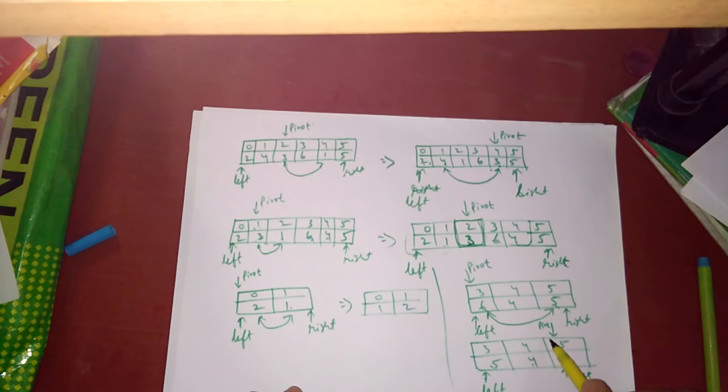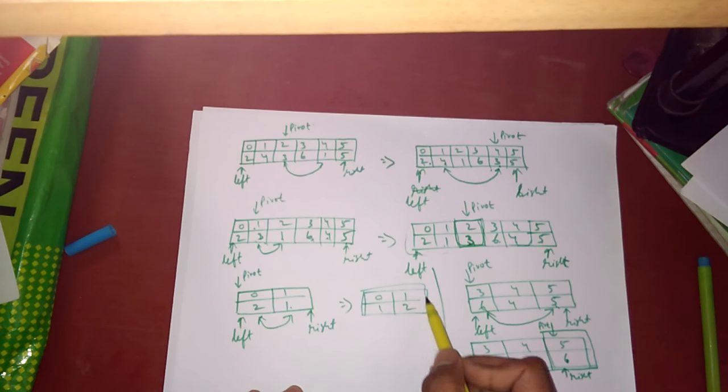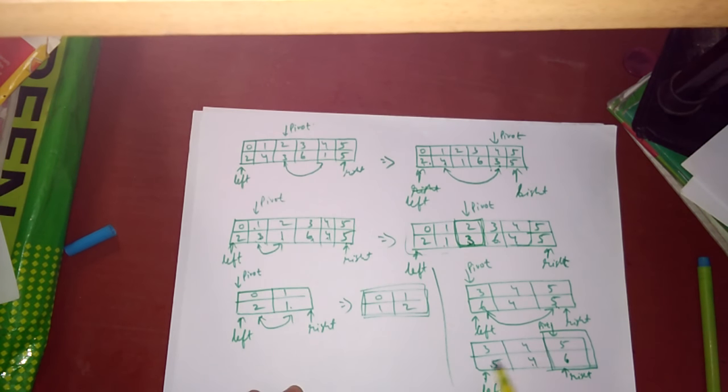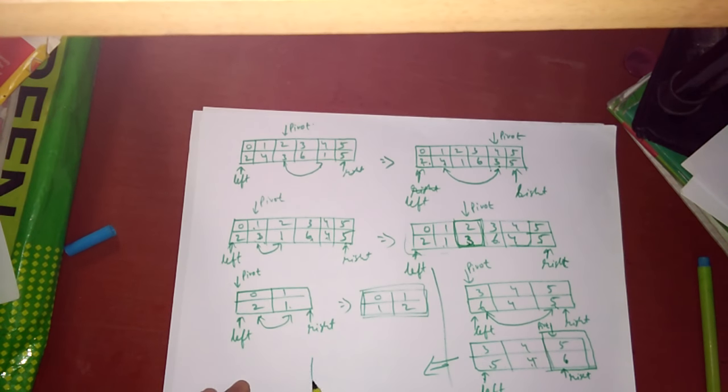In this we got 6 sorted, in this we got these sorted. Now we will sort this separately, that is, let's take 5 4. Suppose the pivot is here, left, right.